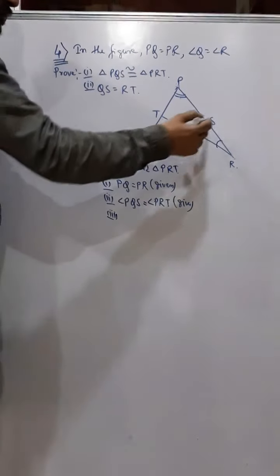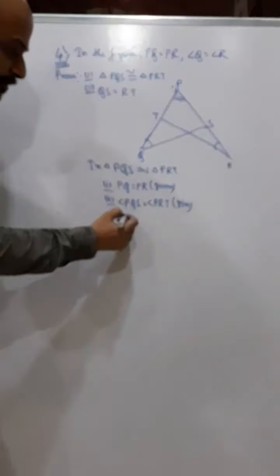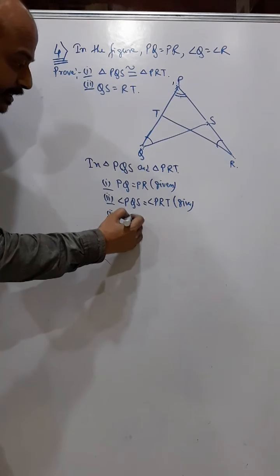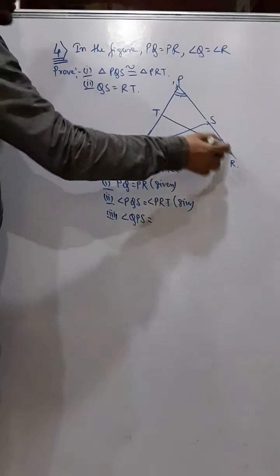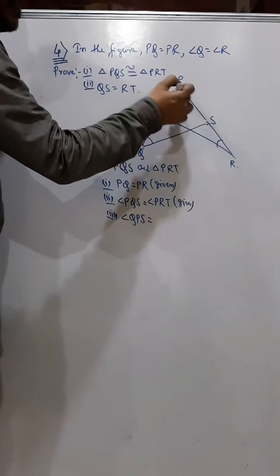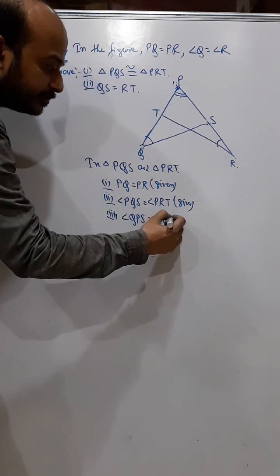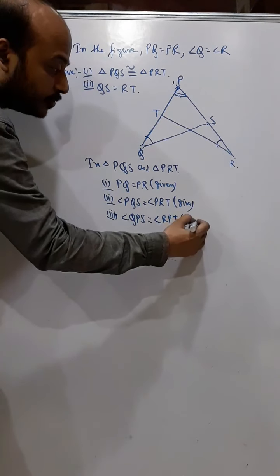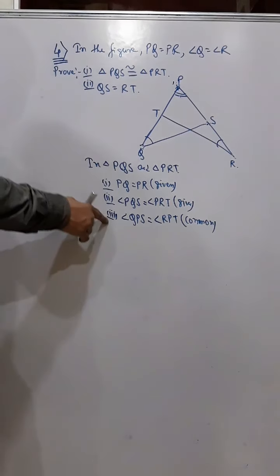With respect to triangle PQS, we say this angle as QPS or SPQ, so we'll write angle QPS. And with respect to this triangle, this is angle RPT. So this we'll write as common. Okay, so we got the 3 points.